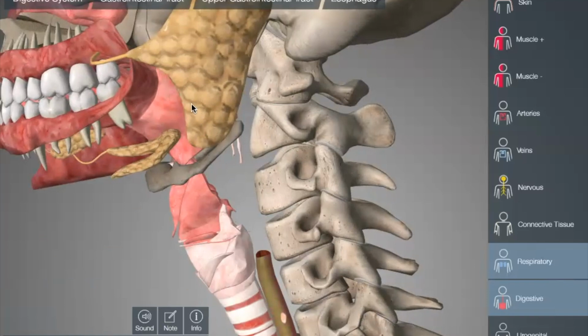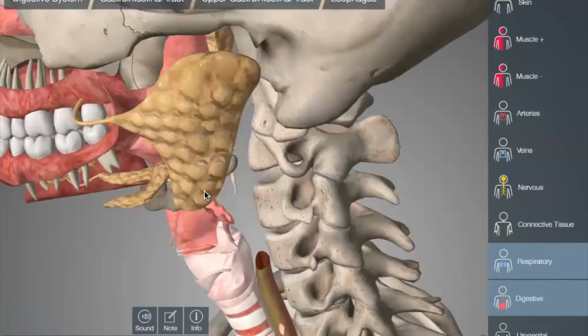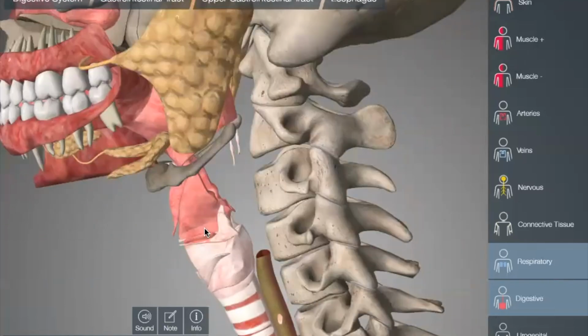Because let's say you're breathing and you're eating at the same time, the air will take some of the food inside here. Why is because when air is breathed in, it tells the body that the epiglottis does not need to cover that space. And imagine there's food in your mouth. So now you're breathing, and air causes epiglottis to be opened, and it takes some of the food in.